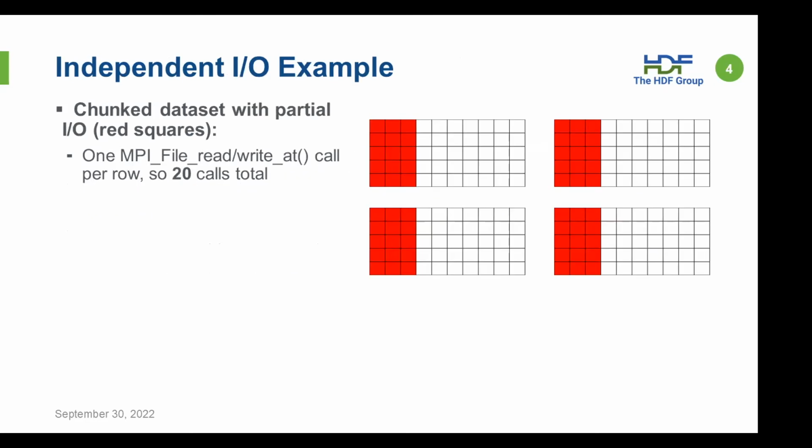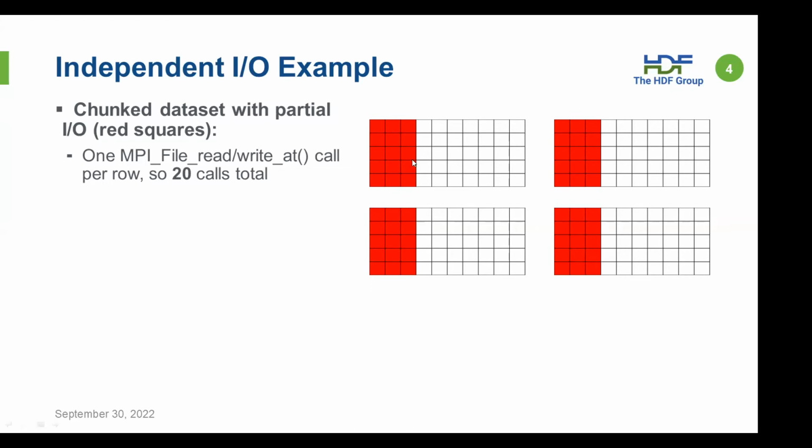As a quick visual example, say you have a chunked dataset with 4 chunks here, and each chunk is 5 by 10 elements, and you're selecting the first 3 columns in the dataset and columns 10 through 12 in the dataset. Say this is just rank 0, so we're only looking at one rank right now, but you can apply it to multiple ranks.